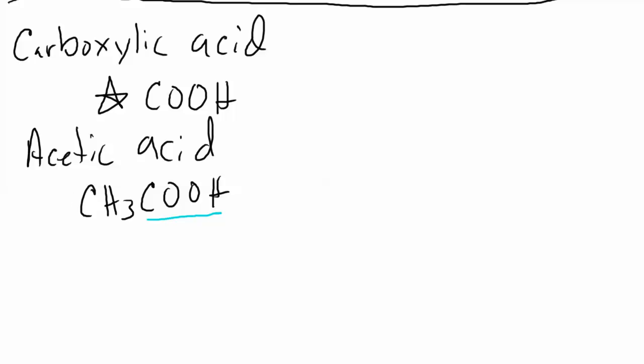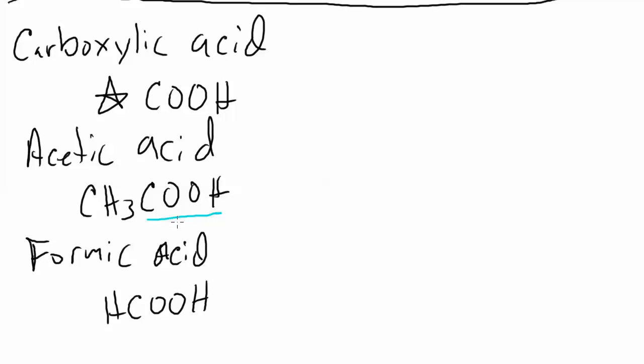Coo. Another one that actually ants make to deter predators is called formic acid. And formic acid is actually just HCOOH. But again, it's got COOH in it, so you should know right off the bat, hey, that's an acid. So there we go.